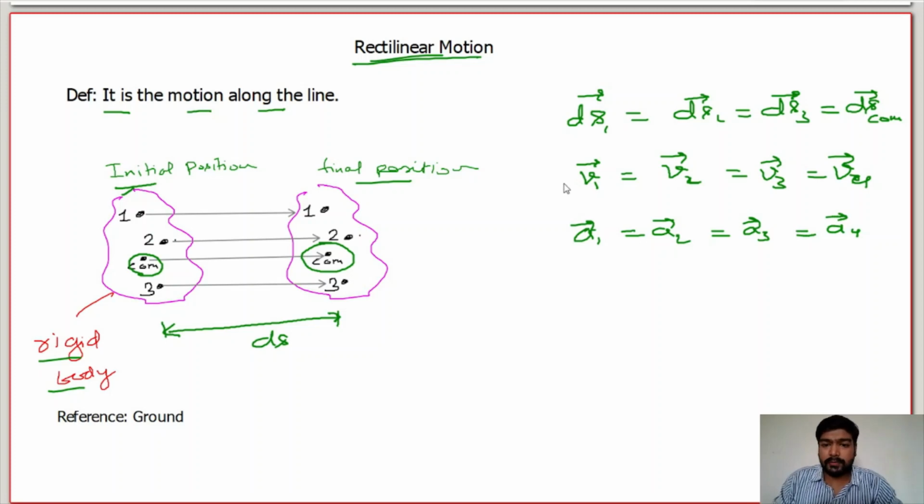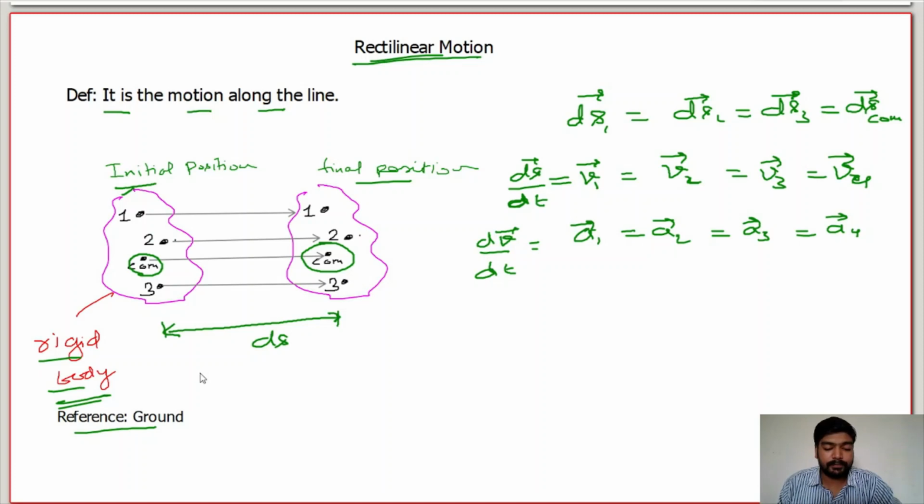This comes because we all know velocity is displacement upon time, that means a change in position. Displacement upon time is velocity, and the rate of change in velocity is acceleration. So all have the same velocity, displacement, and acceleration. This is the property of a rigid body, and here we have taken the reference as ground.